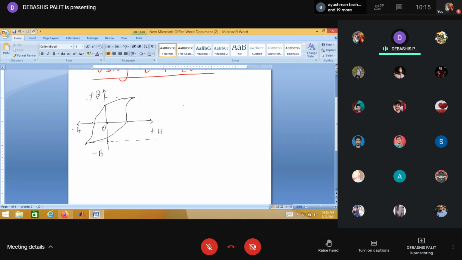So I am considering that L is the length of the iron bar, A is the cross-sectional area, and N is the number of turns of the coil.